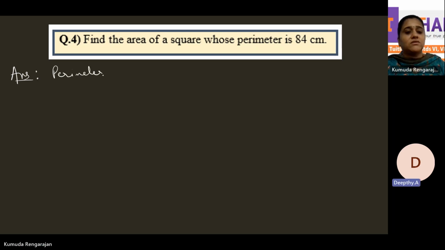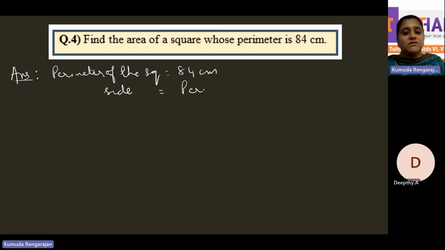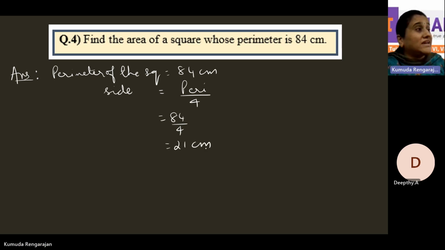Perimeter of the square is equal to 84 centimeters. Then what is the side? Side is equal to perimeter divided by 4, correct? Because all the sides are equal. So 84 divided by 4, which is 21 centimeters. This is the side, each side of the square.